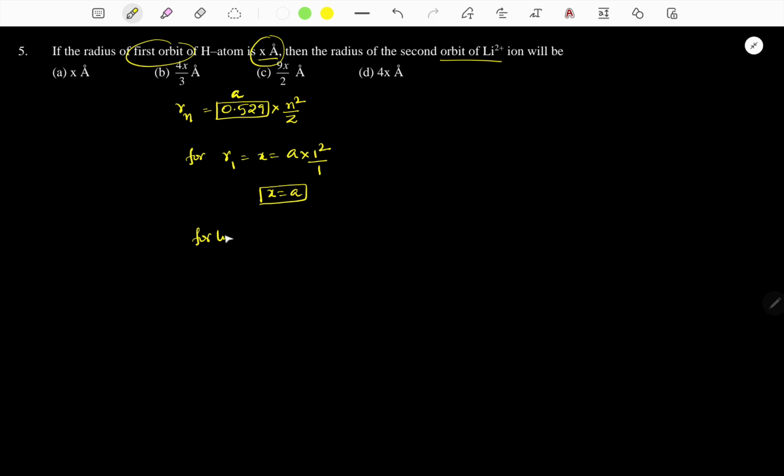And for Li+2, radius of second orbit equals a into n value 2 square upon z value 3. Therefore, a into 4 by 3, 4a by 3, a is equal to x, therefore 4x by 3. That's why we should take this value as unknown, because we have to express the value in terms of x.